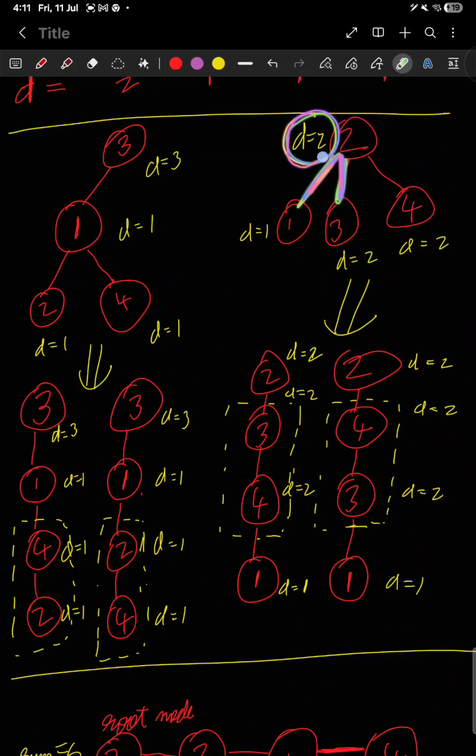The divineness of this node is 2, and the value of a node connected to this node directly would be either greater than 2 or smaller than 2. If the value of a node is smaller than the divineness of its parent, then the divineness would change to the smaller value, or else the divineness would remain the same as the parent node.